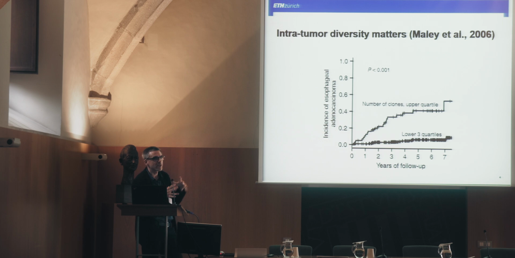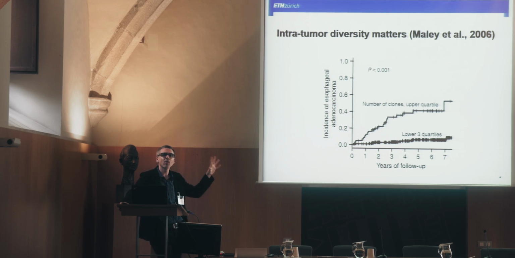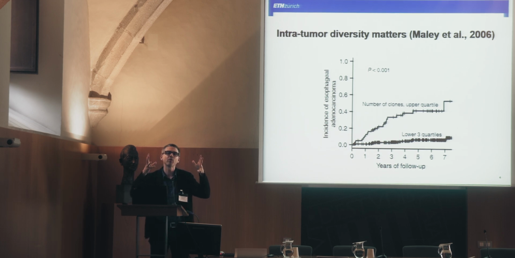You see that depending on the diversity in the tumor, you have an increased chance to progress to the disease. This is independent of what the mutations are. Just the fact that you have more diversity within the tumor is a predictive marker for poorer outcome.